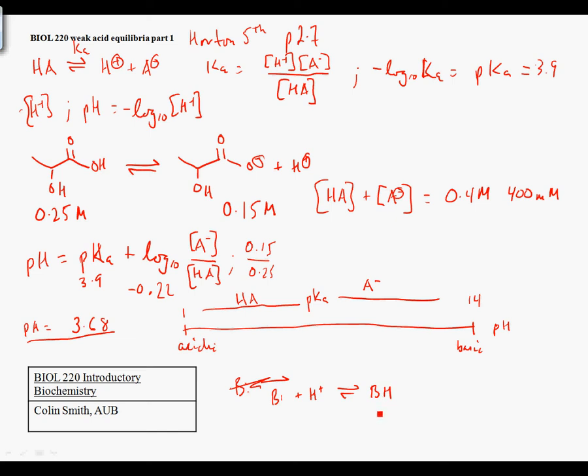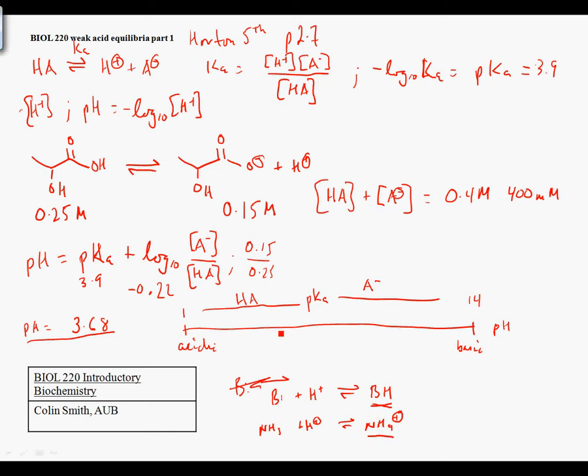Instead, when we talk about the pKa of a base, we're talking about the pKa of its conjugate acid. So if this were ammonia, in equilibrium with ammonium ion plus H+, and we talk about the pKa of ammonia, what we really mean is the pKa of the acid form.